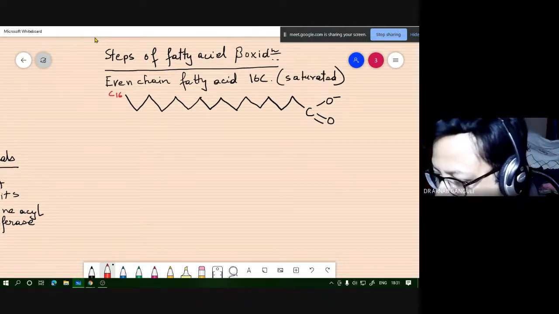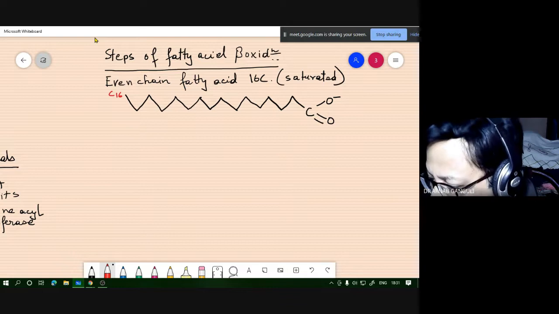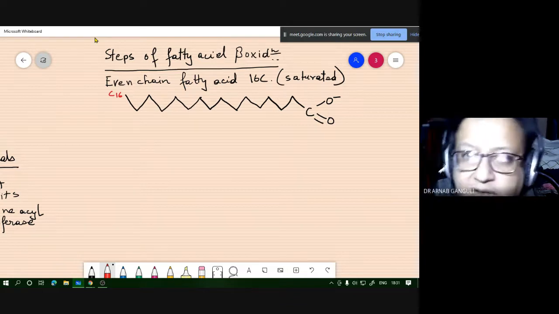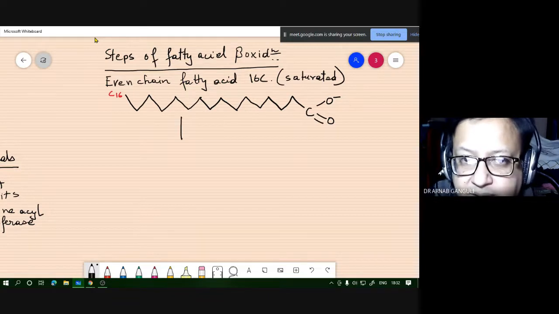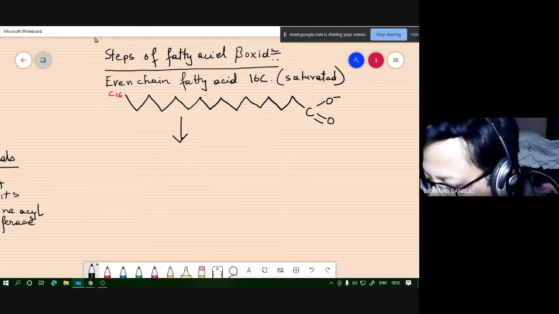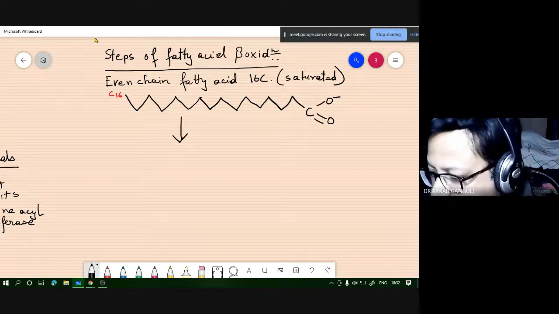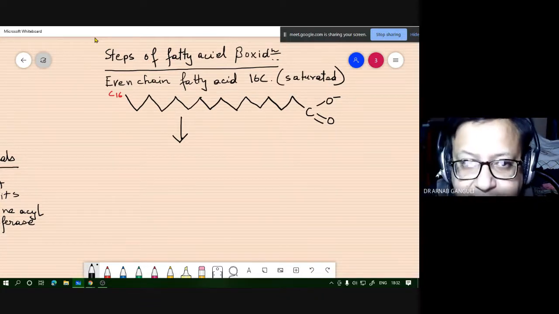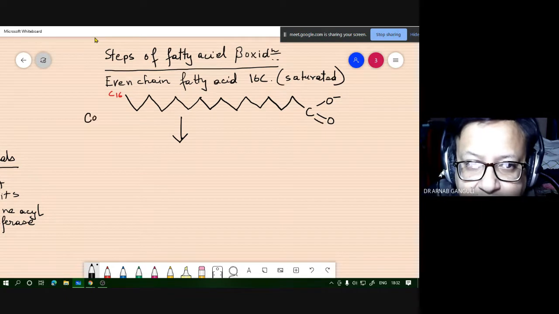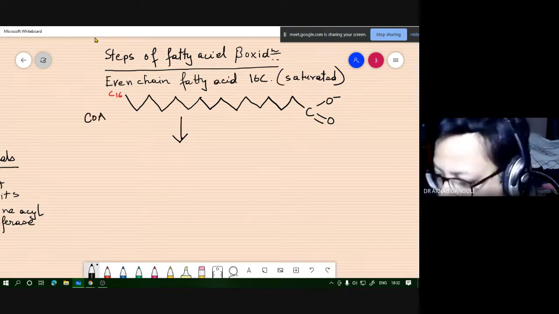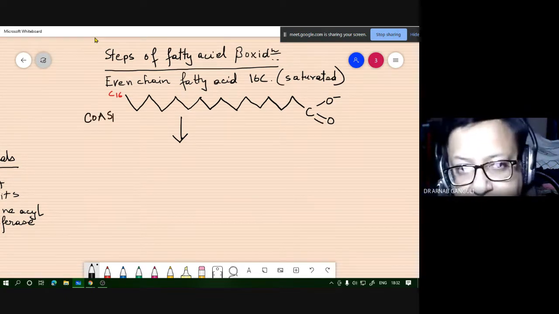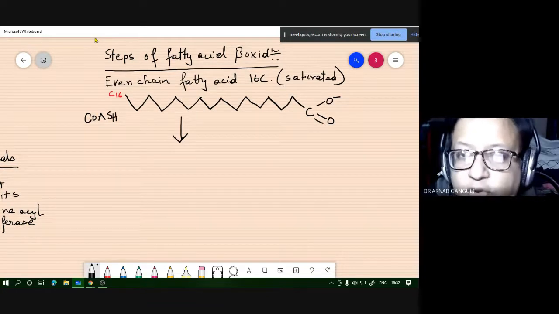Now, the first step which takes place is the conversion of this into fatty acyl CoA. An enzyme is present which works. Fatty acid is going to be converted into fatty acyl CoA.